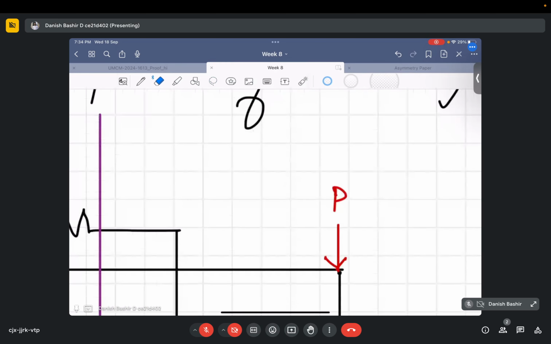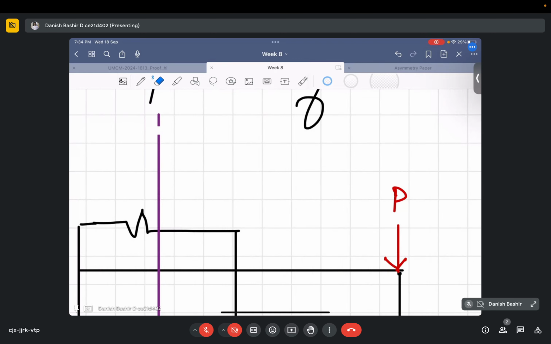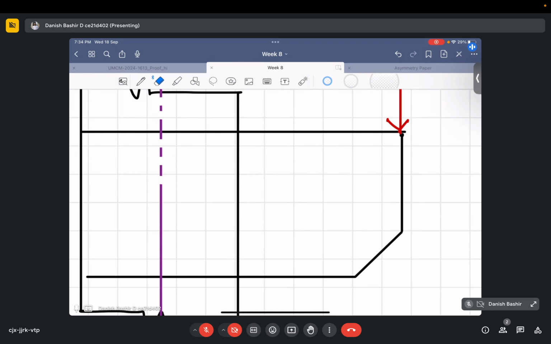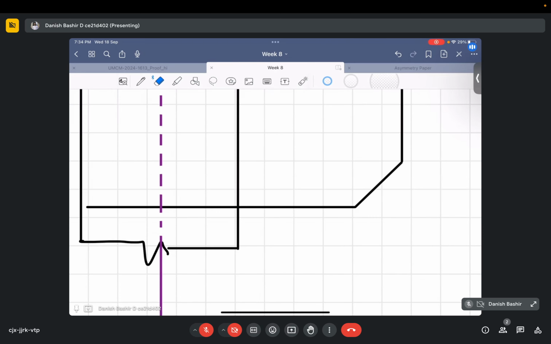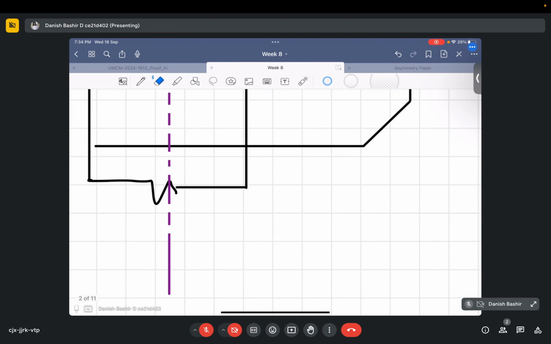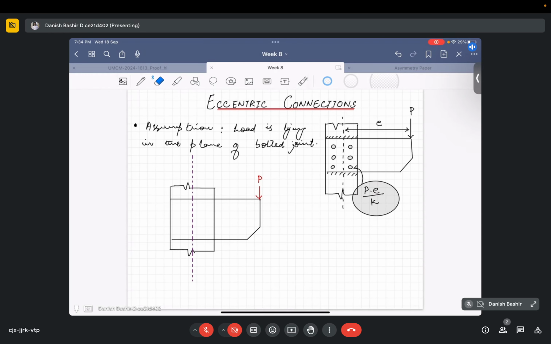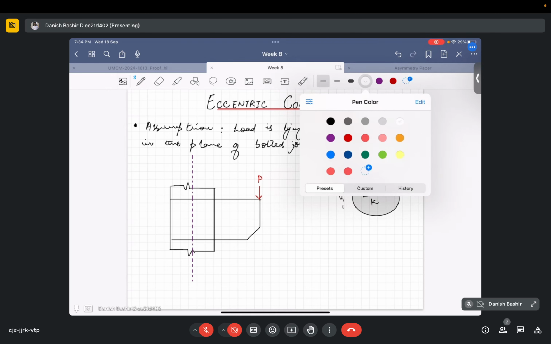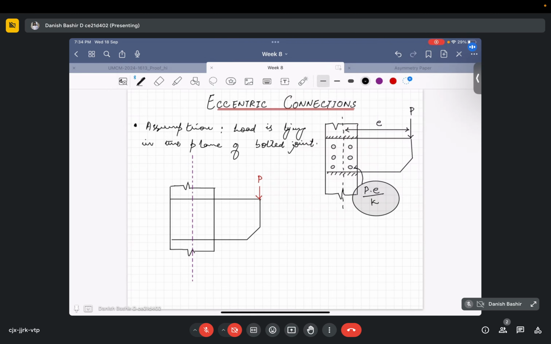This is the central axis of our section. There would have been no issue if the load was acting through this axis, as there would have been zero eccentricity. But since the load is not acting through this axis, there is some eccentricity in our connection. This is the eccentricity that is there.